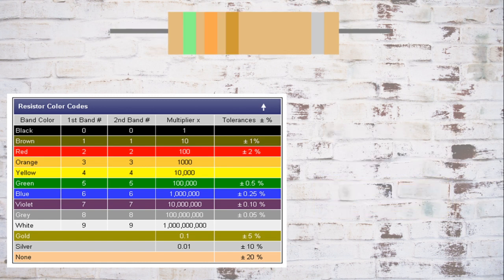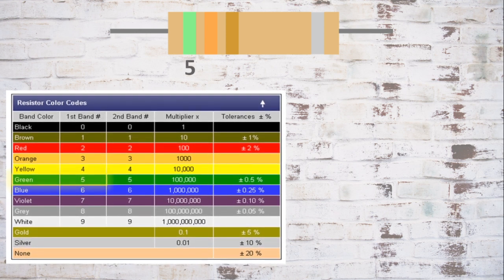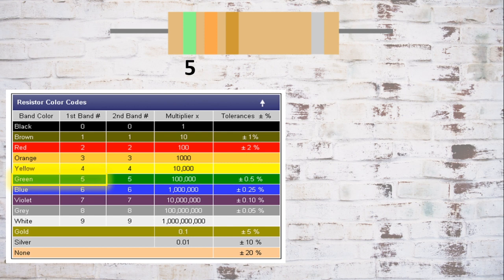For our last example, we have a resistor with a color coding of green, orange, gold, and silver. I'll give you a moment and try to get all the equivalent numbers. Our first color is green. It should be 5. The second color is orange, so it should give us the value of 3.